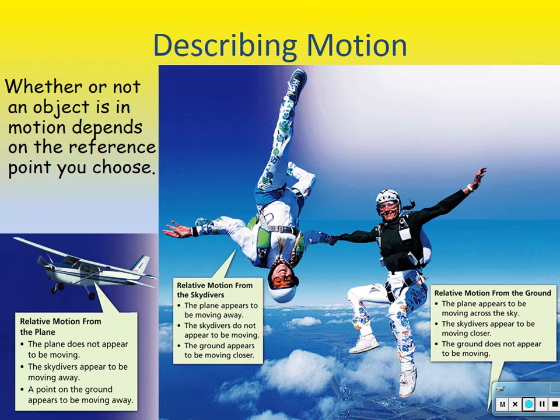I got this picture here. Okay, skydiver. Could this person look at this person and determine if he's moving? The answer is no. Why? When they're falling, you see clouds go up. No, he's not looking at the clouds.